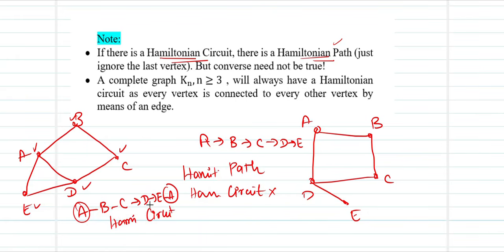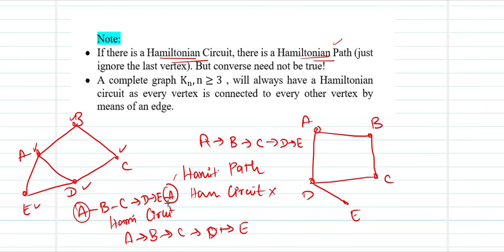Does this have a Hamiltonian path? Yeah, you can very well form this as you traverse from A, go to B, go to C, go to D, and move to E and stop over here. So what we do is just ignore getting back to the starting point A itself.